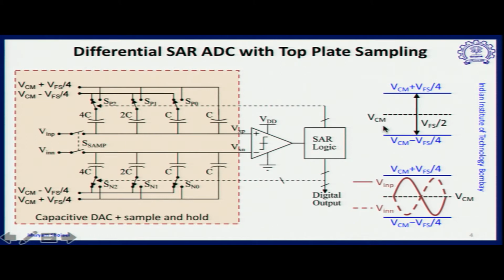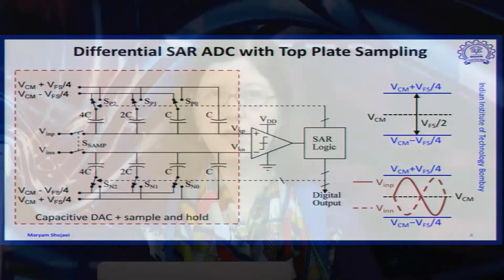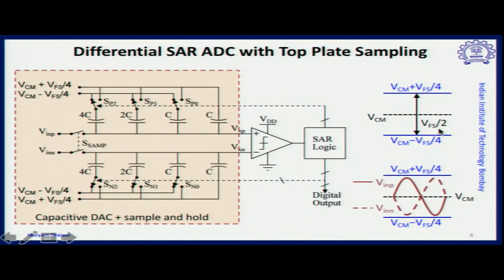Now, an interesting point is, in differential architectures, even though we have to spend almost double the real estate on the chip, the advantage is we get almost double the possible swing of the single-ended version. Here, for the single-ended switching, the voltage changes from V common mode minus V full scale by 4 to V common mode plus V full scale by 4.